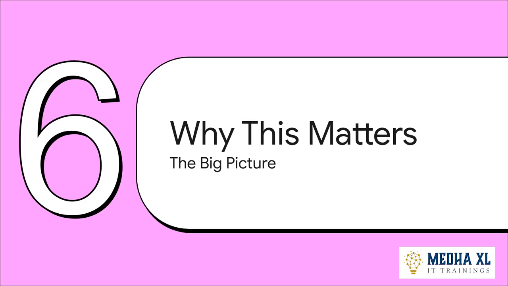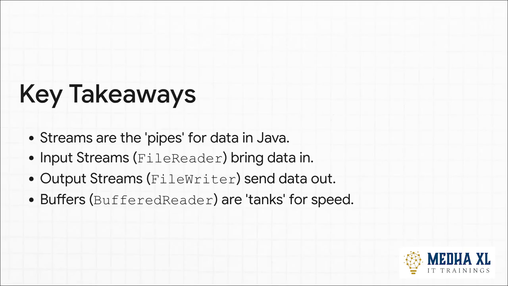So pipes, lakes, water tanks, why have we spent all this time on this analogy? Because this is not just some abstract idea. Understanding this concept of digital plumbing is absolutely fundamental if you want to write effective Java applications that do real work. All right, let's recap the most important takeaways. Number 1, streams are the pipes for data in Java. 2, input streams like FileReader bring data in. 3, output streams like FileWriter send data out.